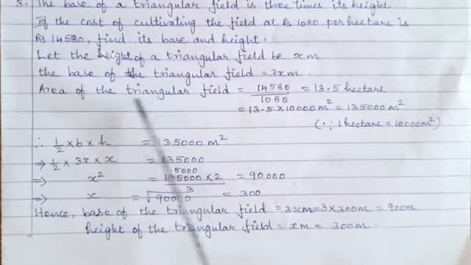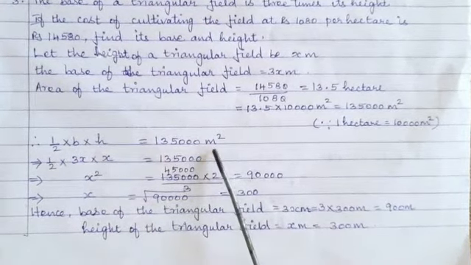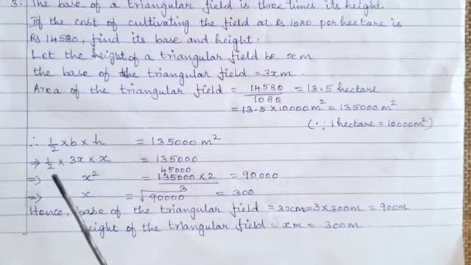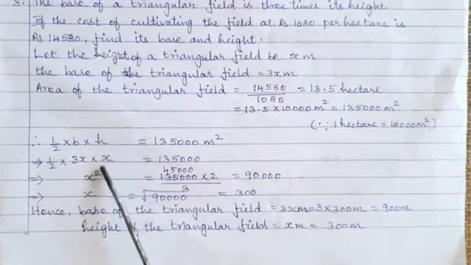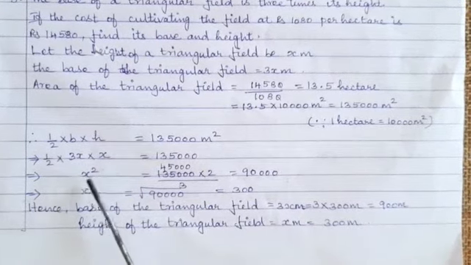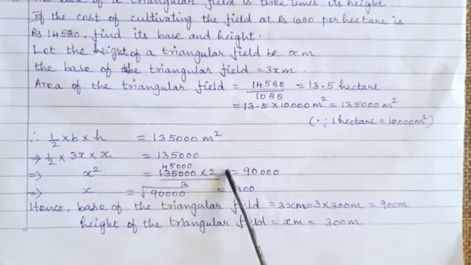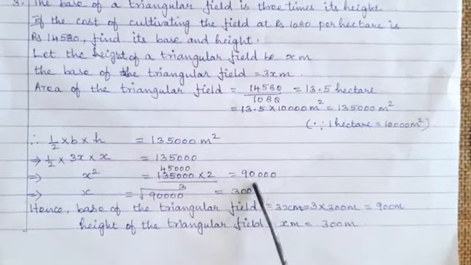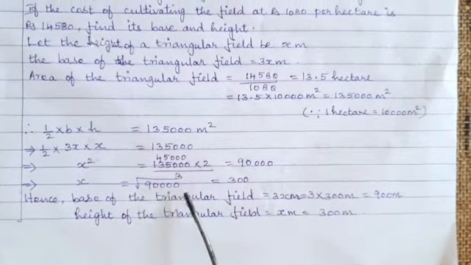Area, what is the formula? Area of the triangle, half into base into height, which is equal to 1,35,000 meter squared. We know that half into base is 3x and height is x, equal to this. Then x squared is equal to, after simplification, 1,35,000 into 2 divided by 3, which is equal to 90,000. So x is equal to square root of 90,000.